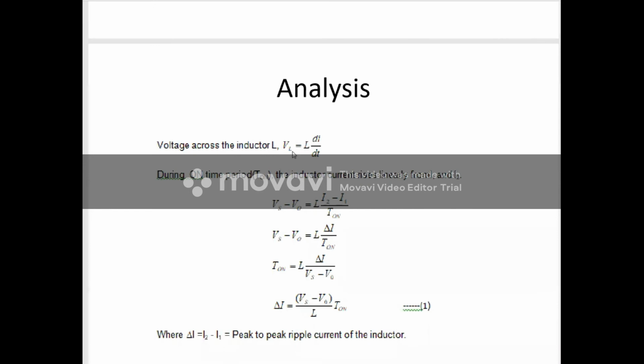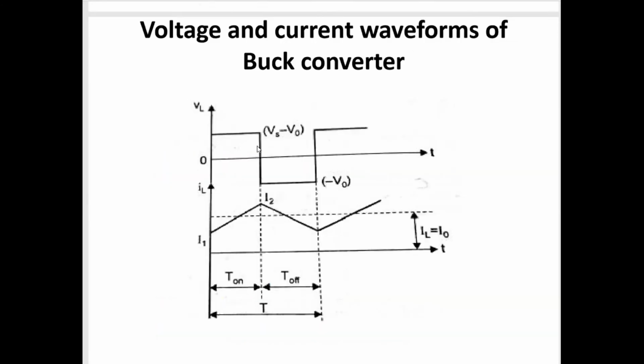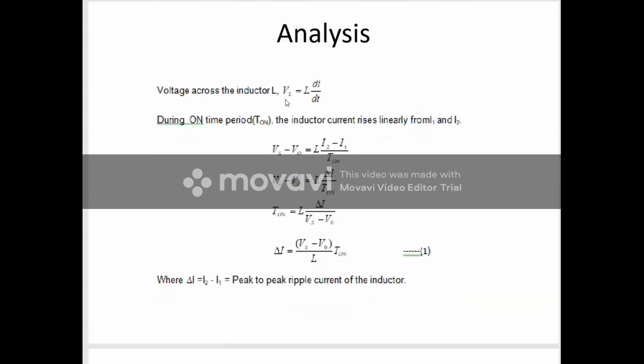Understood? So L into I2 minus I1, instead of dt we put T on. And the left side is VL. What is the value of the voltage across the inductor during the on time? It is Vs minus V0. So for the left side, instead of VL we put Vs minus V0. So Vs minus V0 equal to L into I2 minus I1 divided by T on.